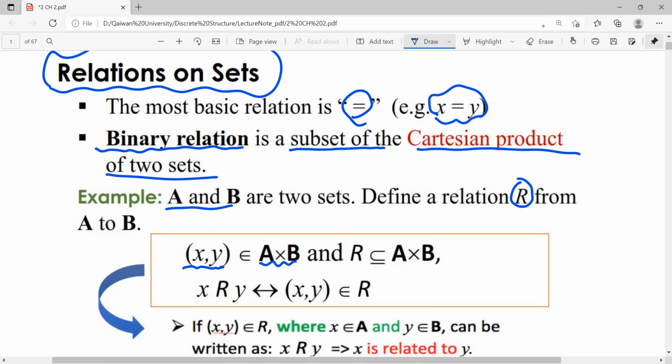All the elements in the Cartesian product are in this form, (x, y) in A cross B. And here R is the relation, a subset of A cross B. Or you can say x is related to y. We say x is related to y if and only if (x, y) is in the relation.